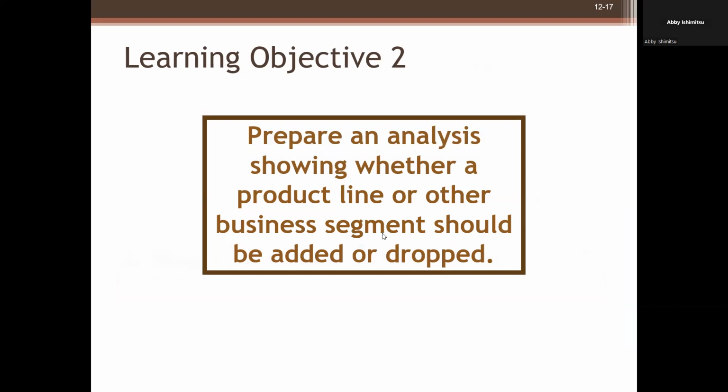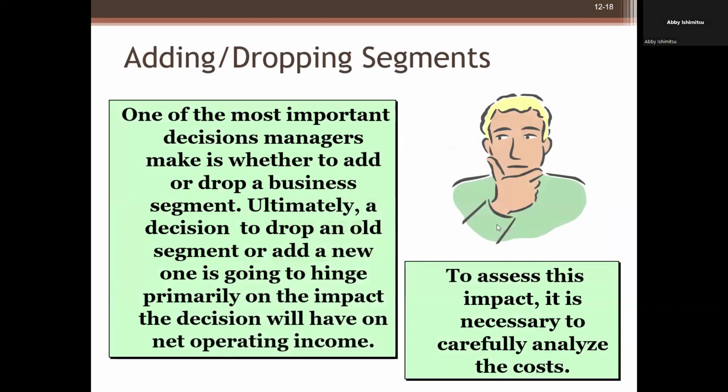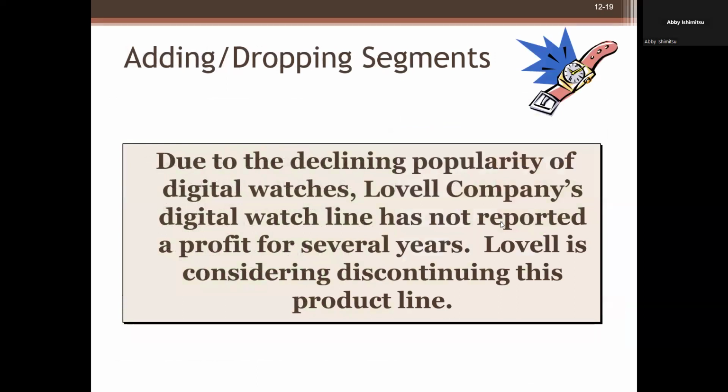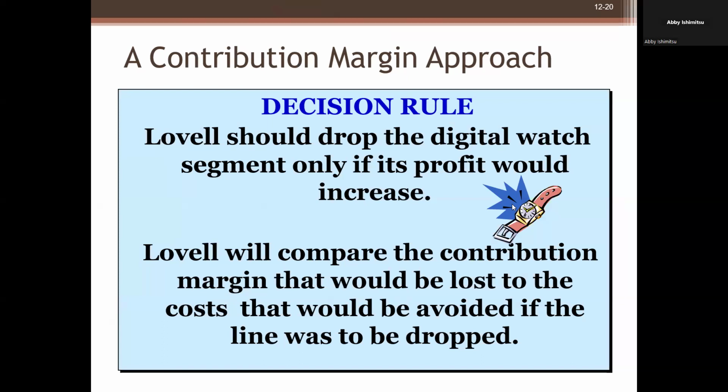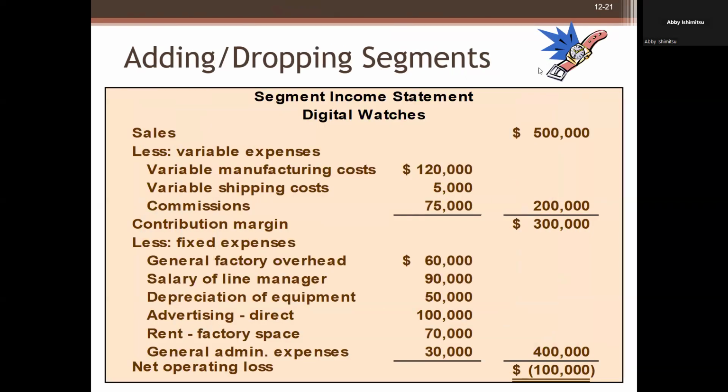The next example, number 2, is keep or drop a segment. Okay, so the example is, hey, this product hasn't been profitable. We have this statement, and the decision rule is we should drop this unprofitable product if the company's overall profit goes up. Okay, and so here's the current situation.